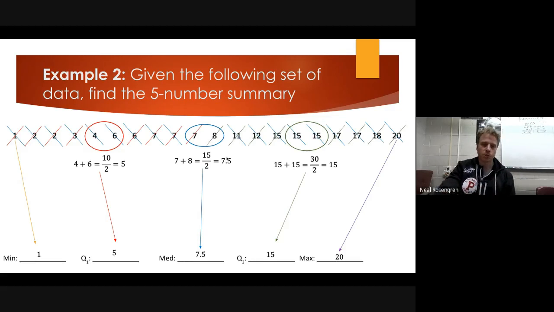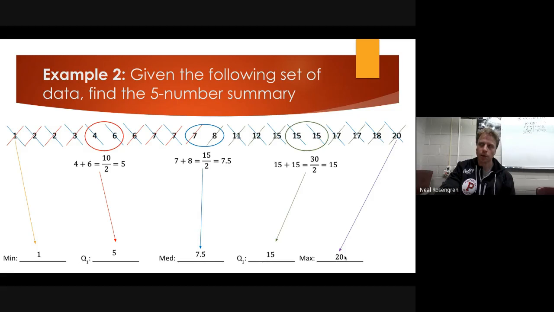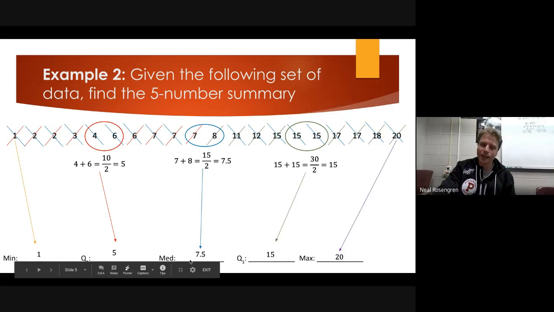And what you can start to see, and what I want you to start looking at, is if we go from 1 to 20, the middle of that would be like 10, right? If I had 20 people, the middle person is person number 10, but my median right here is 7.5.